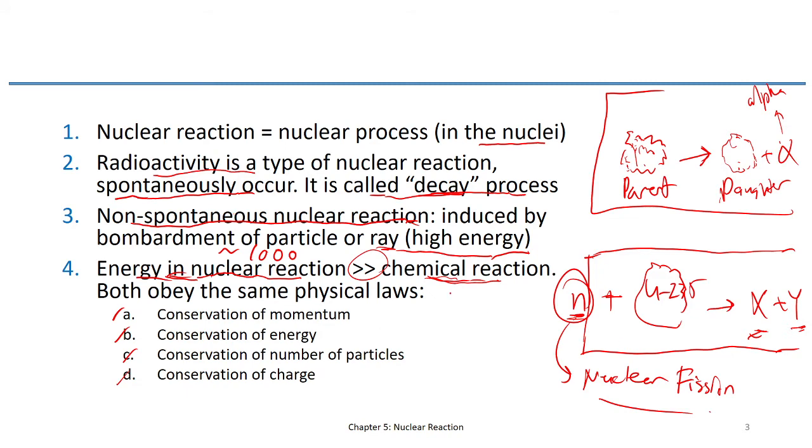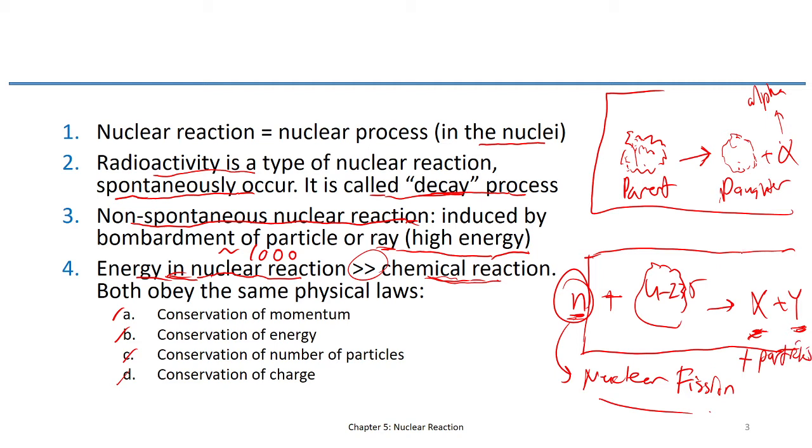Just now I explained uranium 235 bombarded with a highly energetic neutron. You get two products, two nuclei, X and Y. Other than this, it is also possible to have particles.